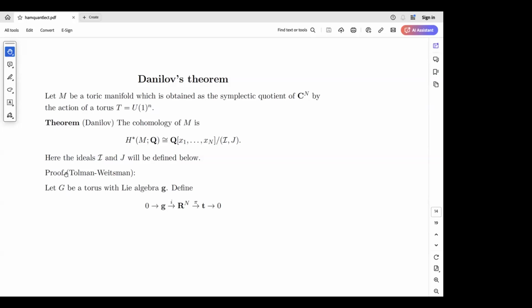So the symplectic proof of Danilov's theorem is due to Tolman and Weitsman.